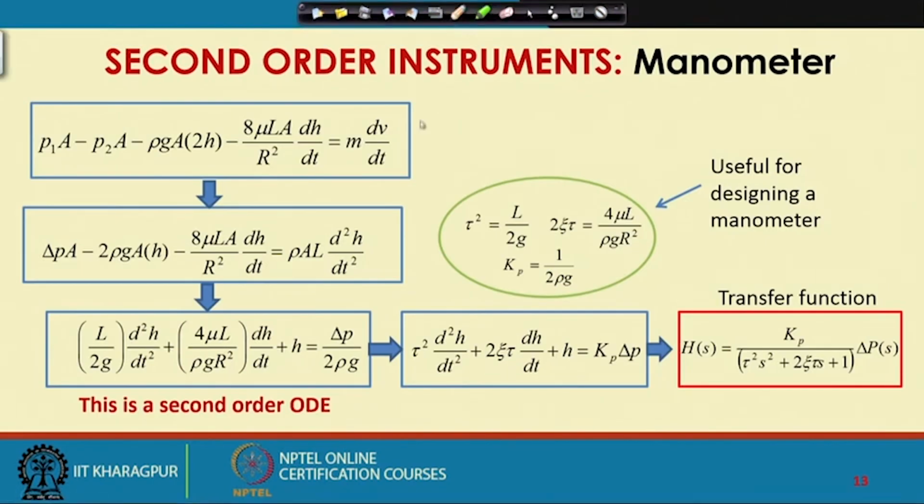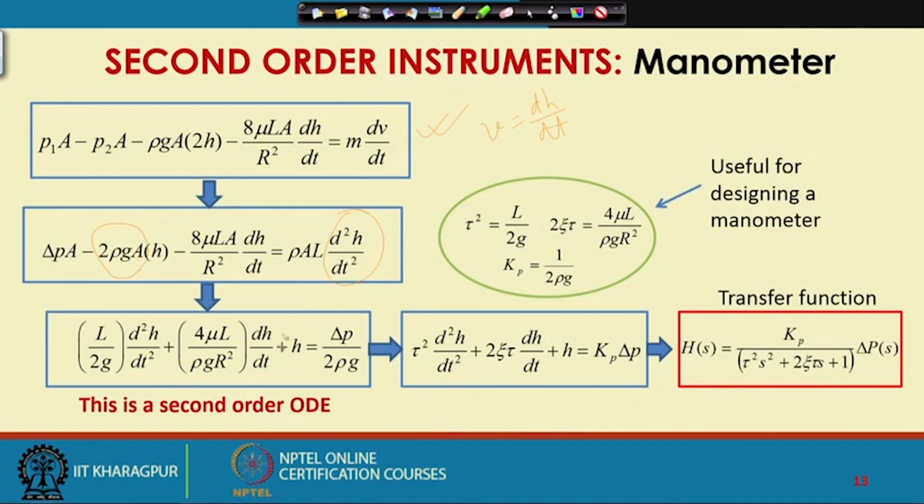So, this is the equation we obtained in the previous slide. Now, V is dh/dt. So, dV/dt can be written as d squared h/dt squared, and if we rearrange this equation, how do we rearrange? We divide this equation throughout by this coefficient, which is the coefficient of the zeroth order term.